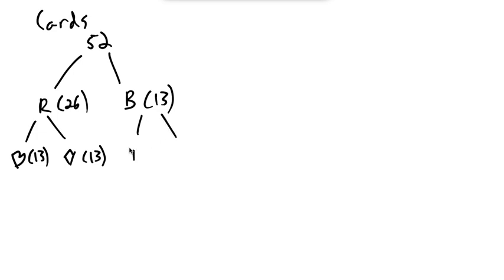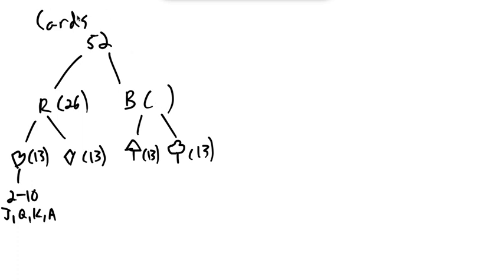Now black also has 2 suits. It has spades and it has clubs. Each of these also has 13 cards. Within each suit, those 13 cards start with 2 and work their way all the way up to 10 before you get your face cards, where you have Jack, Queen, King, and Ace.